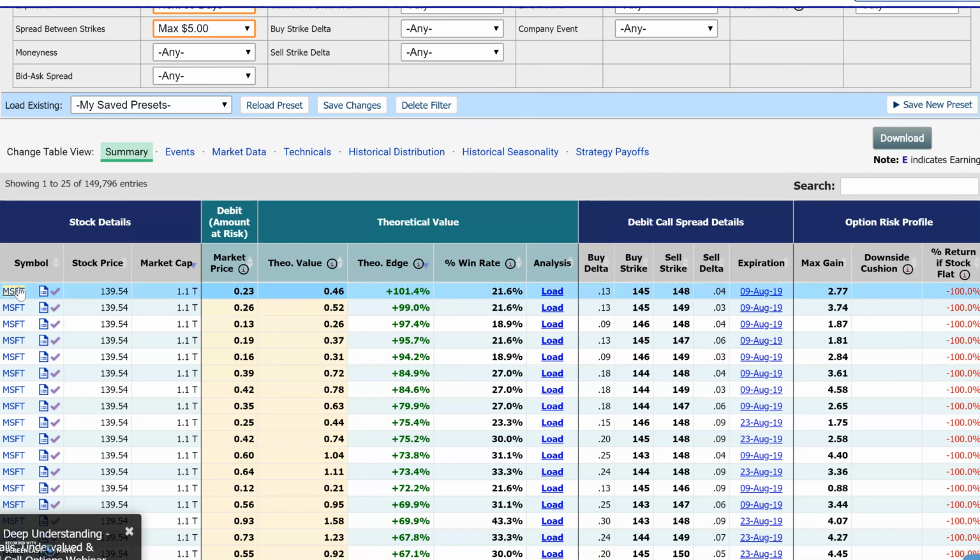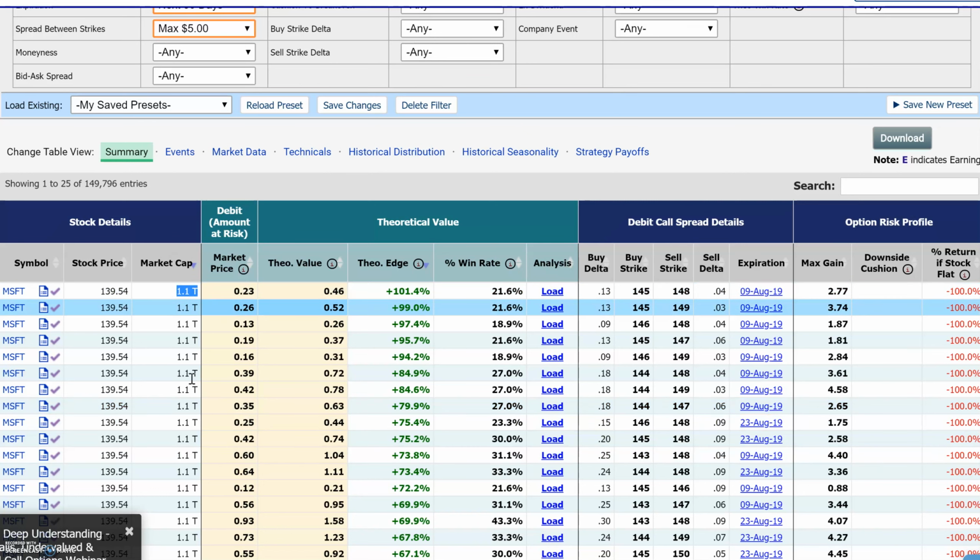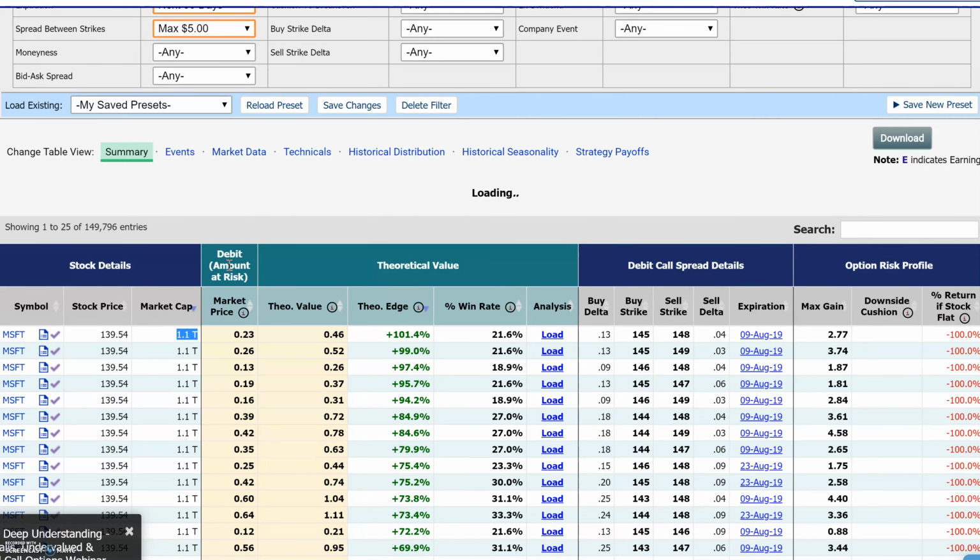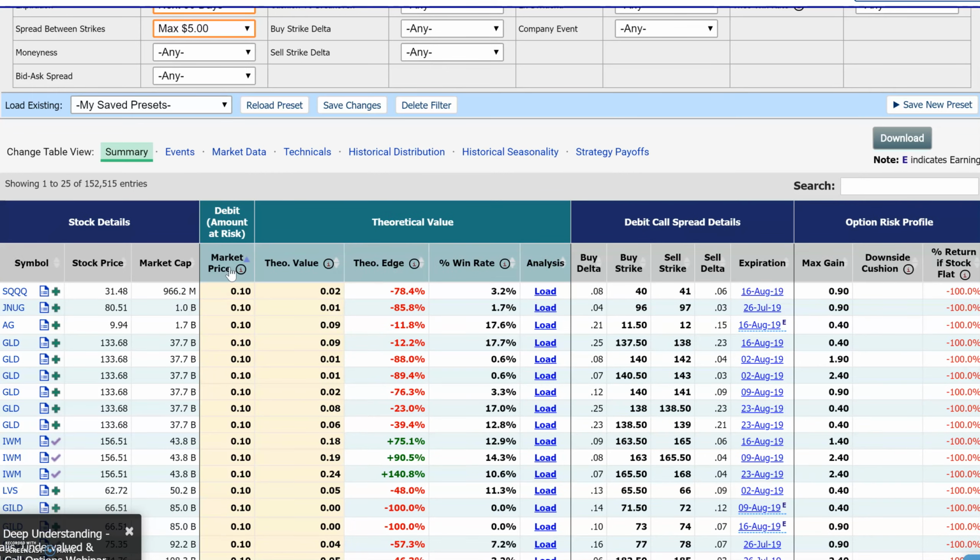So here you see the symbol, stock price, market cap. All these are right now auto sorted by market cap, but if you click on it, you'll be able to resort the table based on where you click, from highest to lowest.